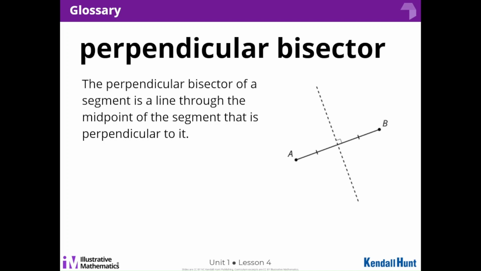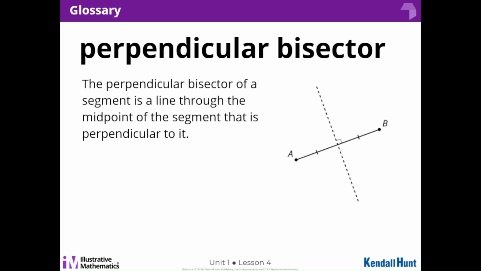Our last glossary term is perpendicular bisector. This is when you take a line, such as the dashed line here on the right, that cuts a line segment directly in half.